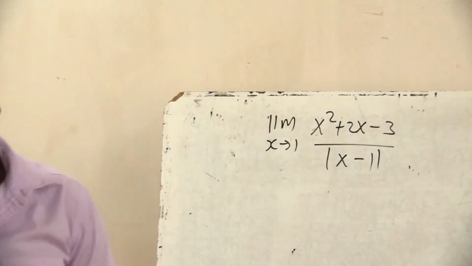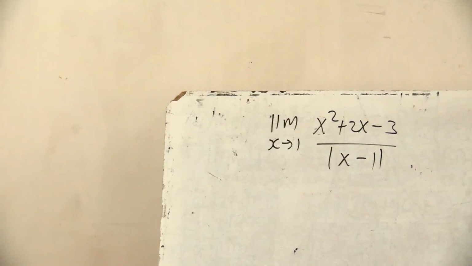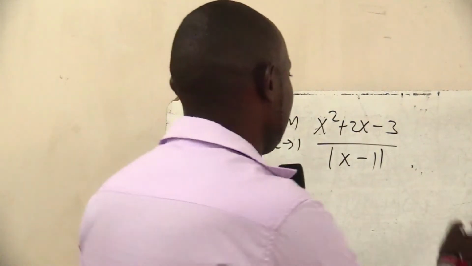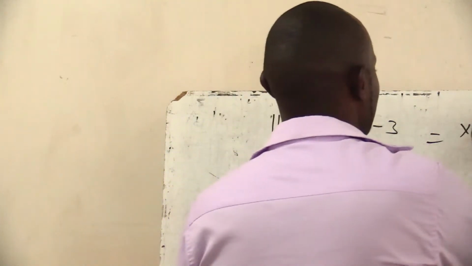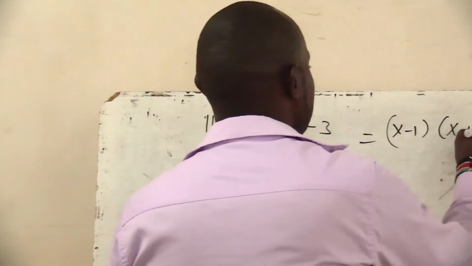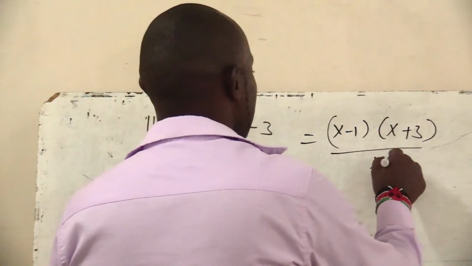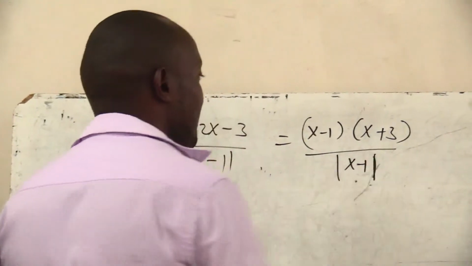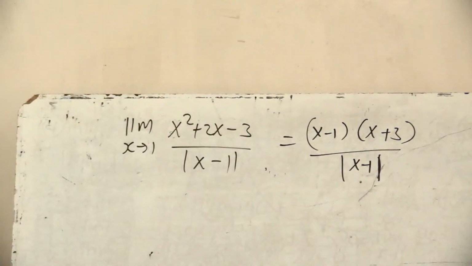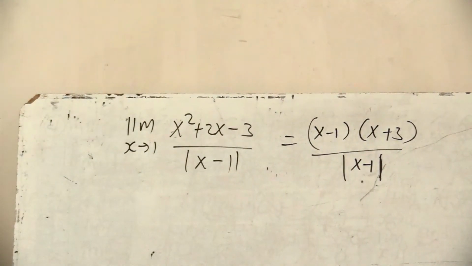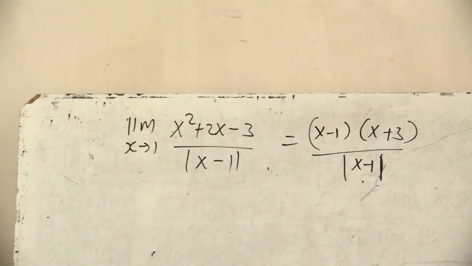When you are given x squared plus 2x minus 3, you will get x minus 1 times x plus 3, if I'm not wrong, then over the absolute value of x minus 1. The reason why I've decided to take this one is because the majority of you have been asking about a situation where we have an absolute value. I said you handle it the way it is, but we will see that one when we deal with L'Hôpital's rule.